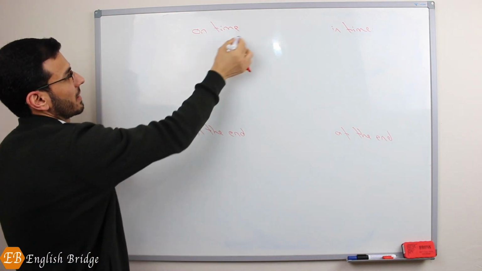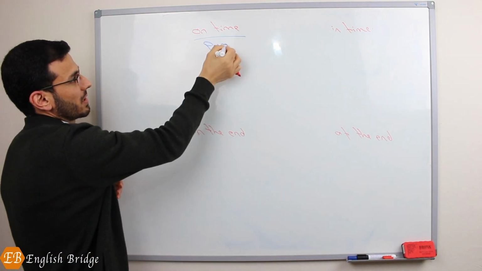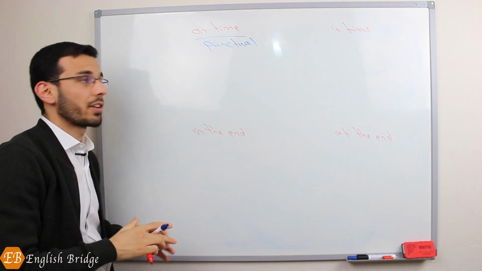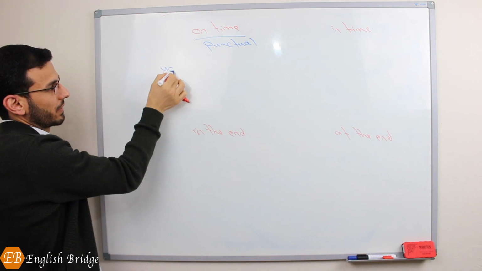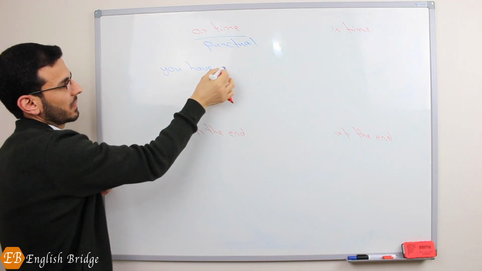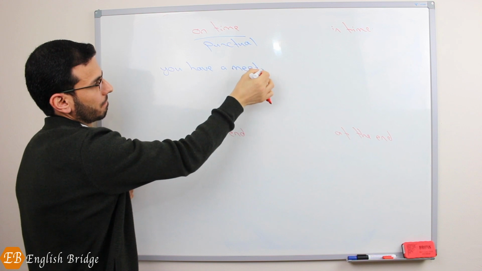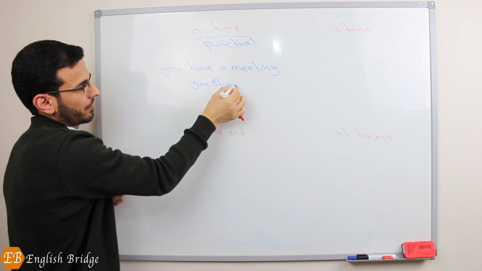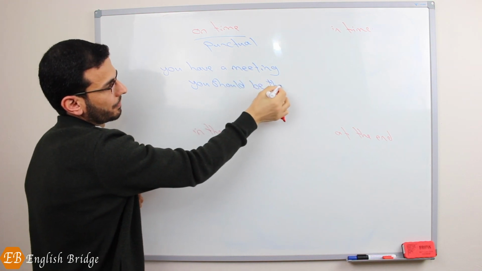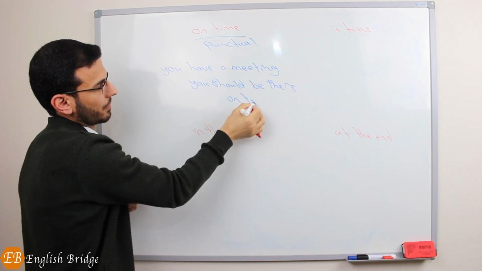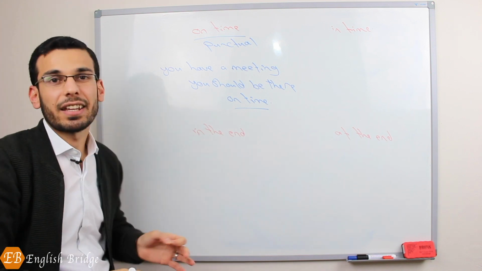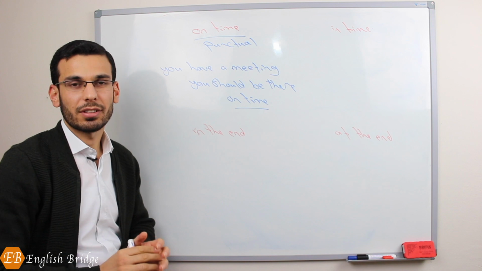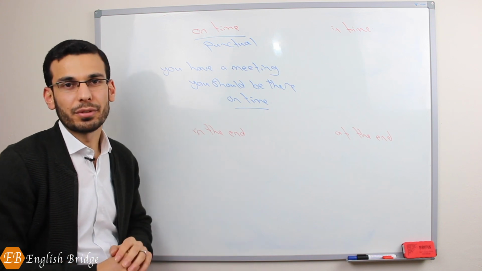On time means exactly on time, which means punctual. So, for example, you have a meeting. You should be there on time. It means exactly at the time of the meeting. So for example, the meeting is at 10 o'clock, you must be there at 10 o'clock. Not later, not before, all right?